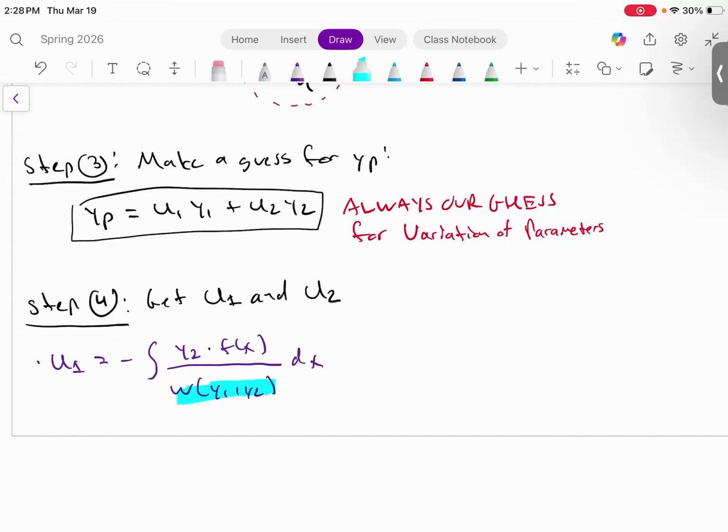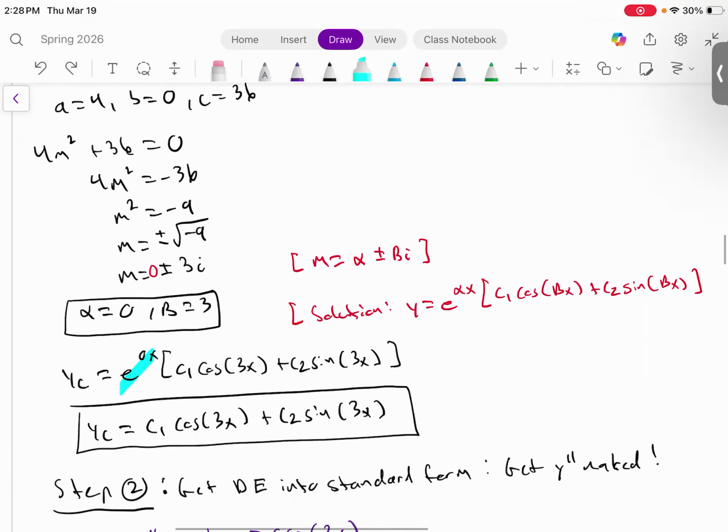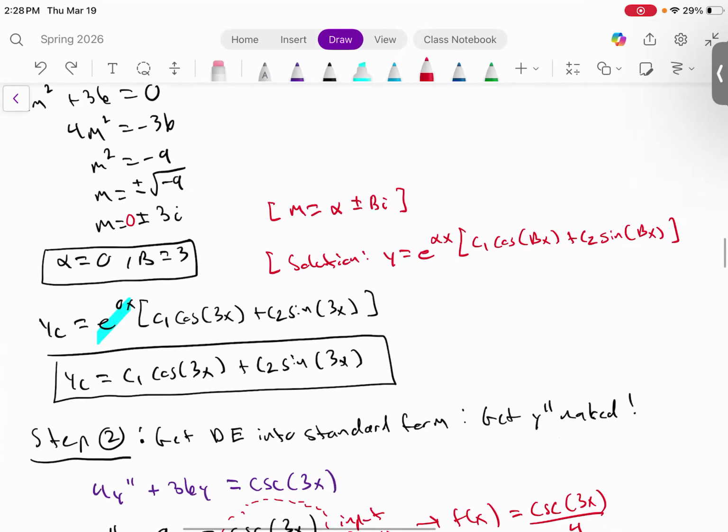I need to figure out what the Wronskian is. Maybe we didn't clearly state what y1 and y2 were, but if we come back up above, this c1 cosine 3x is y1, and this is y2. So we'll say y1 equals cosine 3x, y2 equals sine 3x.